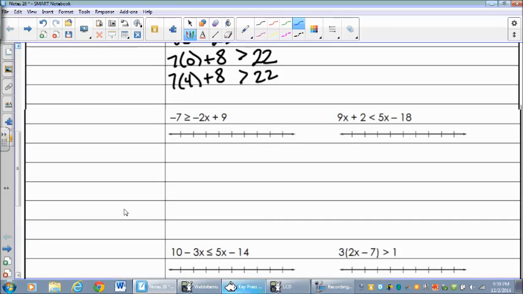Okay. The third example, same stuff. I'll put y1 for negative 7 and y2 for negative 2x plus 9.